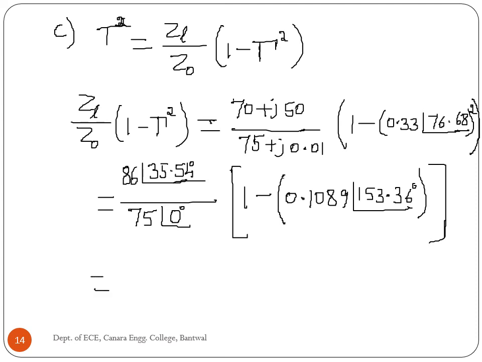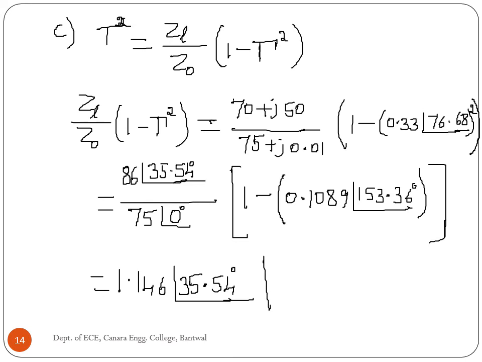86 divided by 75 is equal to 1.146. 35.54 minus 0 is equal to angle 35.54 degree.